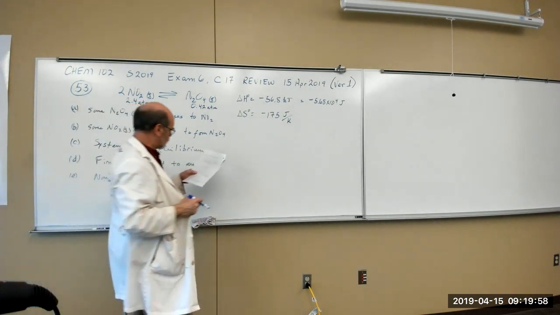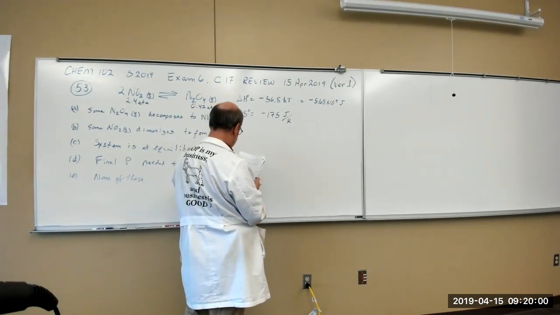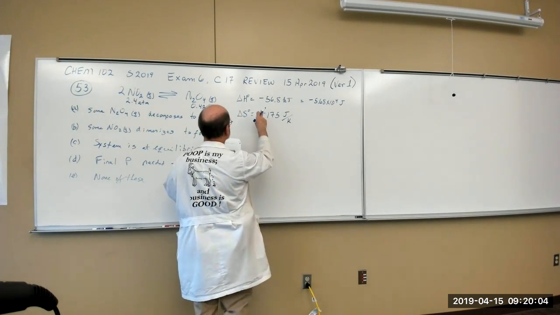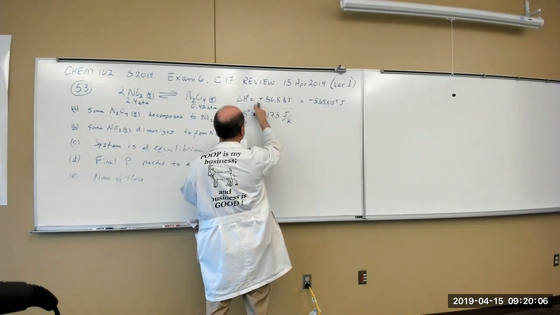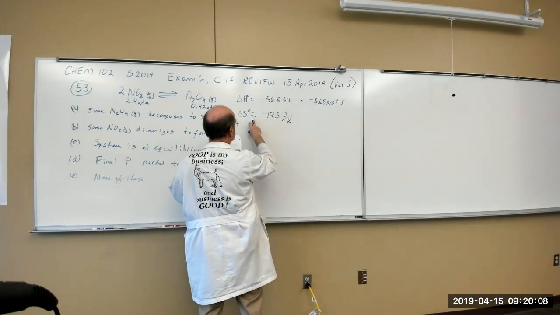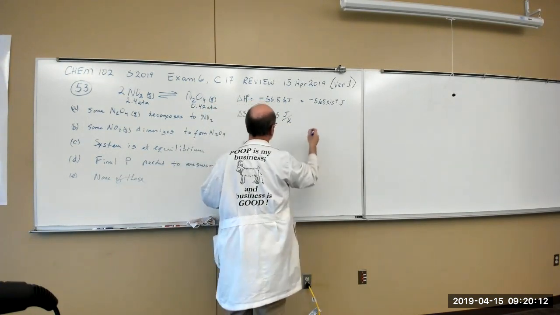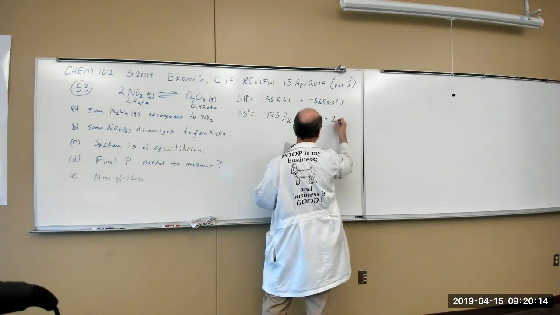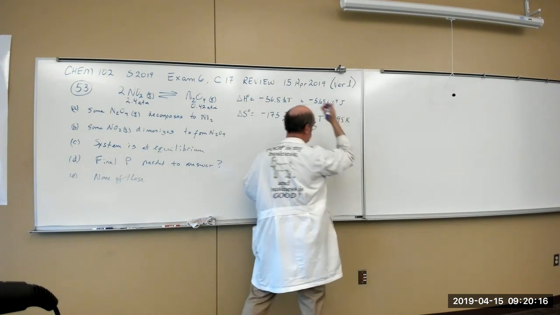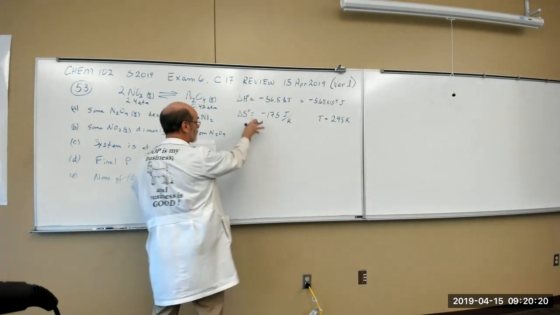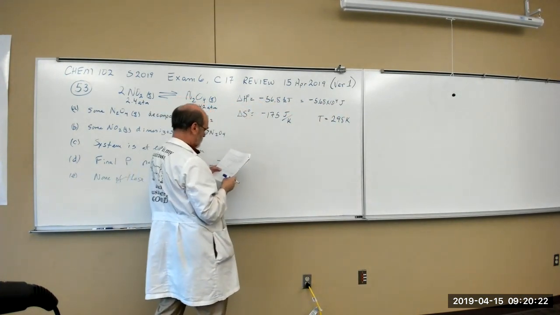So let's see what information we've got here. We have delta H, delta S, and they're at standard temperature, so the temperature is 298 K, that's 25 degrees centigrade. So we can calculate delta G from this.